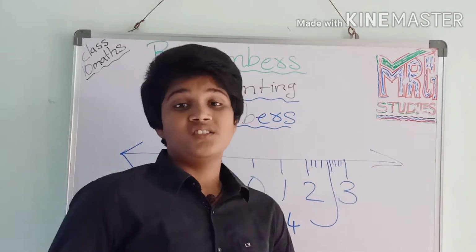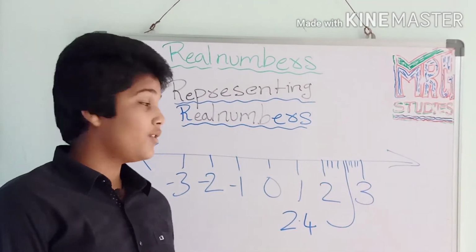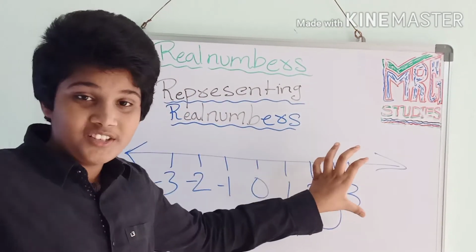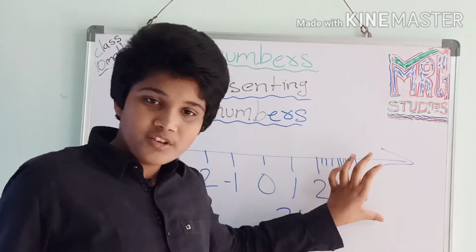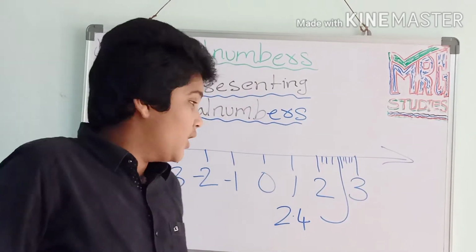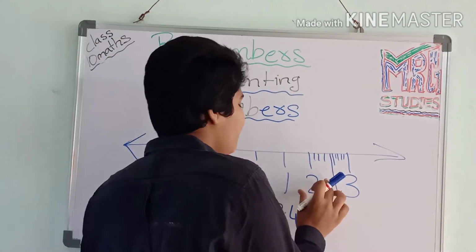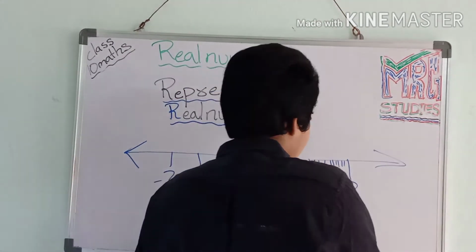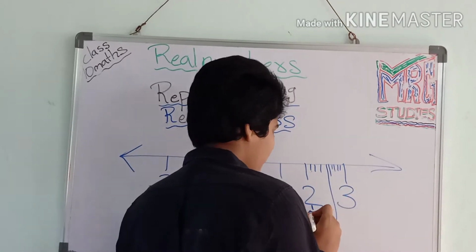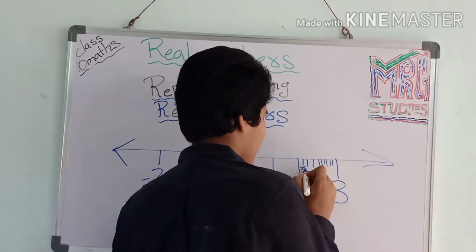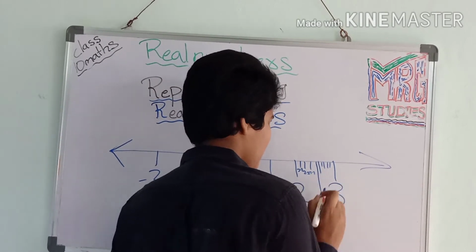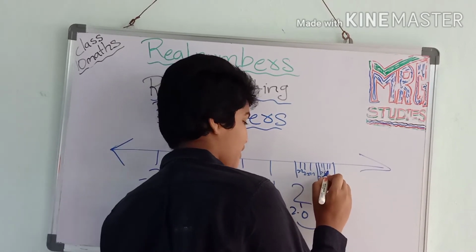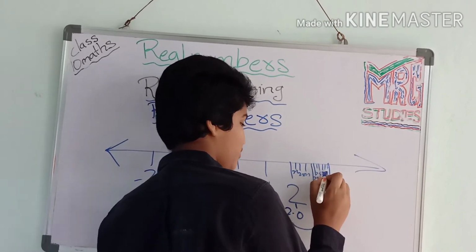Like a scale, there will be millimeters between 2 and 3 centimeters. We should do the number line like a scale only. 2.4 means here 2, here 4, so this will be 2.0, this will be 2.1, 2.2, 2.3, and this is 2.4, this is 2.5, 2.6, 2.7, 2.8, 2.9, and last 2.10.